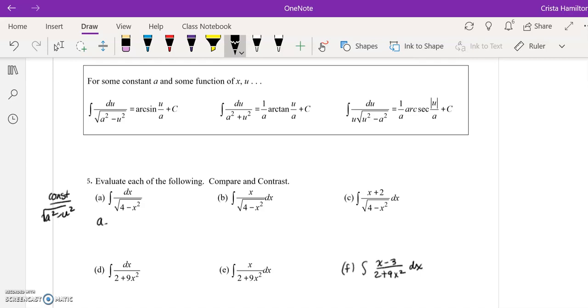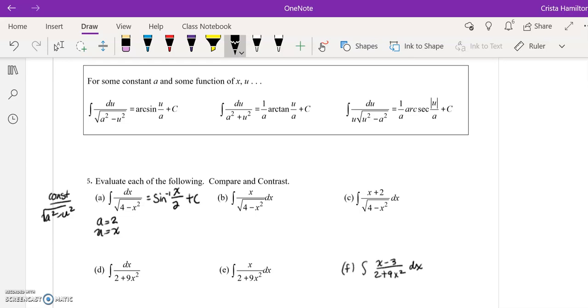I would just identify that my a is 2, and that my u in this case is x, because sometimes that might be like 9x squared there. So we do want to look at that. But since it's an x, we can go straight to the arc sine or inverse sine of x over 2 plus c, and we're done with that problem.